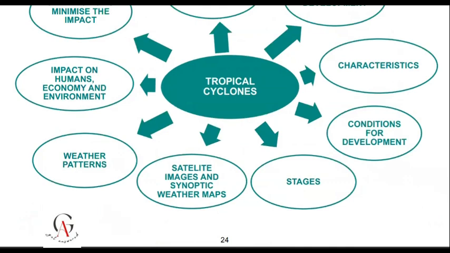Basically, we are saying in the tropics, we have the Tropic of Cancer, which is at 23.5 degrees to the north. And we have the Tropic of Capricorn, which typically crosses through South Africa in Limpopo, Capricorn district. It's at 23.5 degrees to the south.